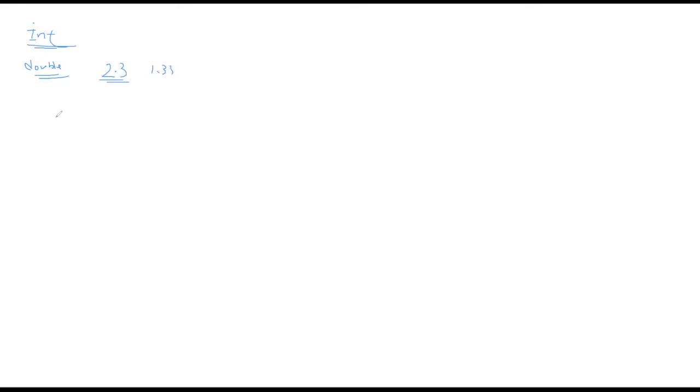And then Boolean variables, which will just be true and false. And then if you want to store a list of stuff, you can use array and array list.